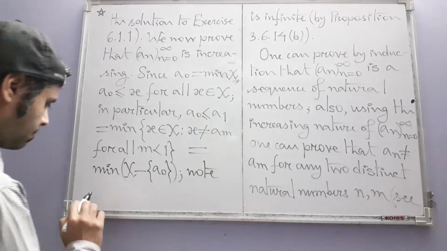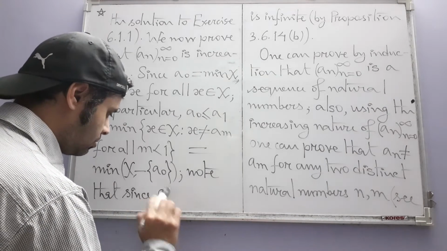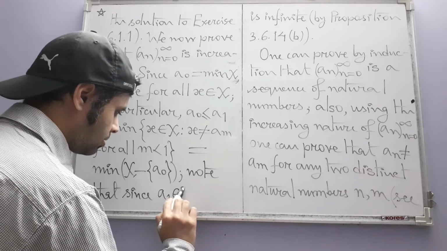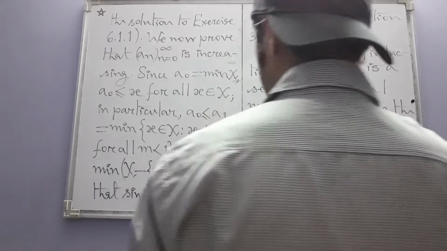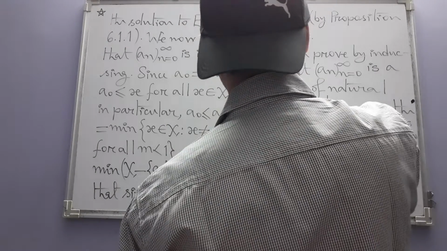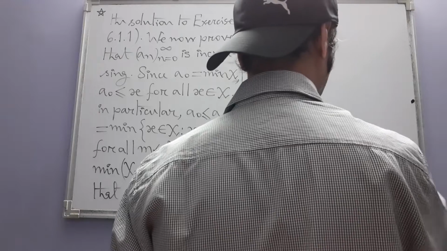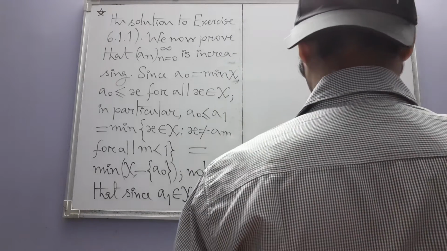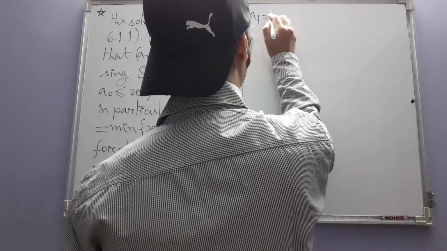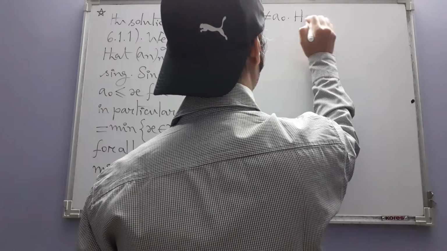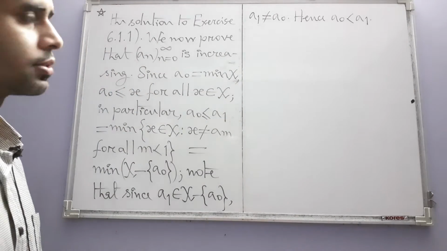Note that since a1 belongs to this, that is why this inequality will now become strict. a1 is not equal to a0, hence a0 is actually strictly less than a1. This is the basis for our induction.